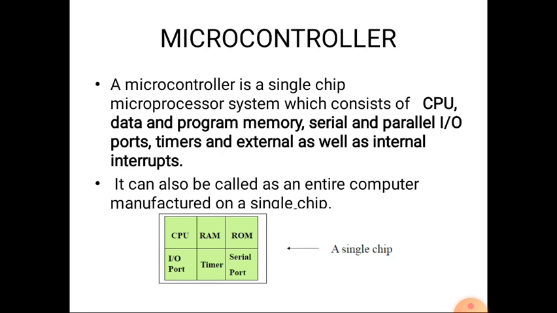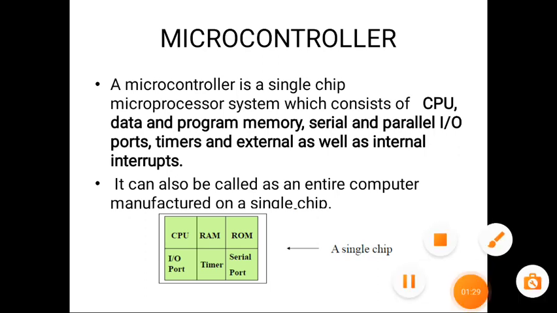These all contents are integrated into a single chip. So this chip can be referred to as an entire computer. Whatever components are in a computer are almost all present in this single chip. So we can say that a microcontroller is an entire computer manufactured on a single chip.